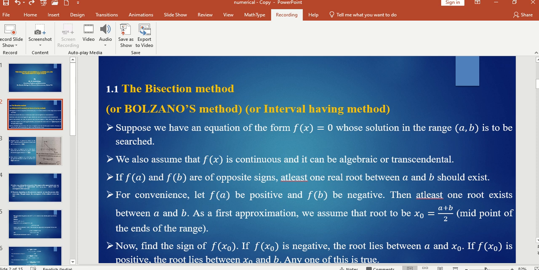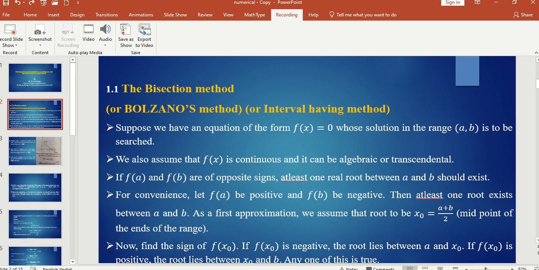That is, this open interval a comma b can be obtained from the theorem. That is, if f of x is continuous in the interval a comma b, and f of a and f of b are of opposite sign, then f of x equal to 0 will have at least one real root between a and b. So by using that concept, we can choose the initial value.